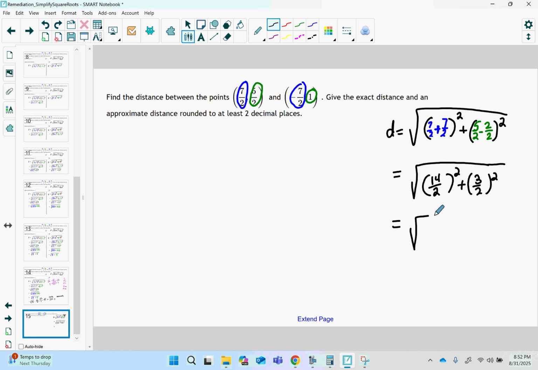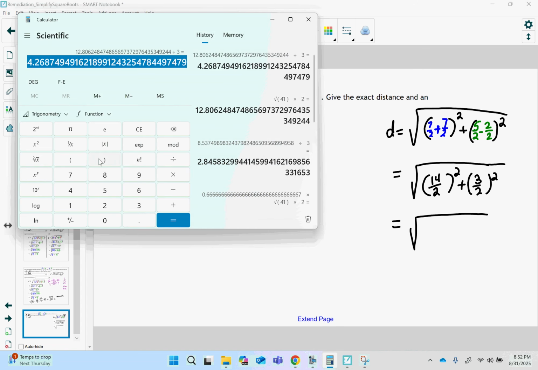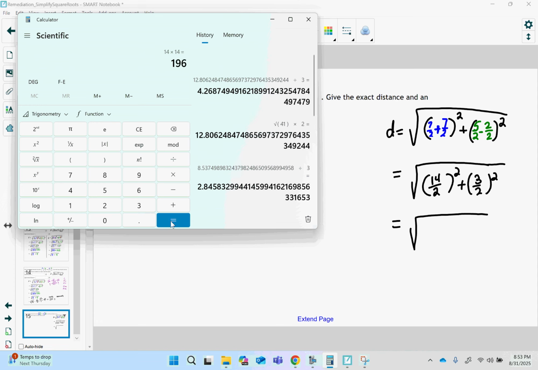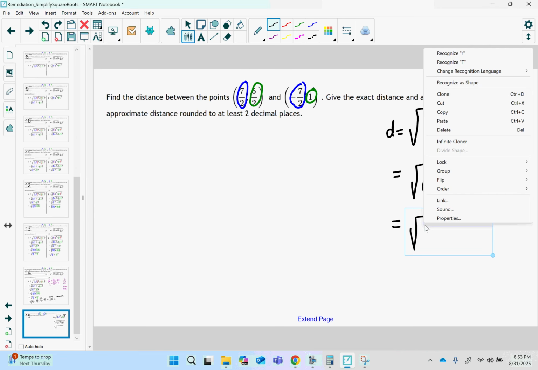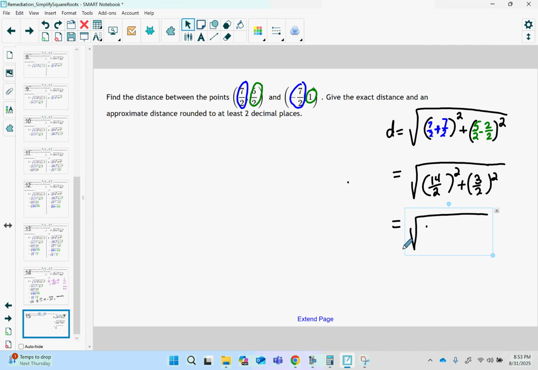Then I'm going to square 14, so 14 times 14. I don't actually have that memorized. I think my perfect square memorization stops at 13. So we're going to do that in here, 14 times 14, or I could have done 14 squared, but here we go, 196. Okay, sorry, give me a moment to fix that.